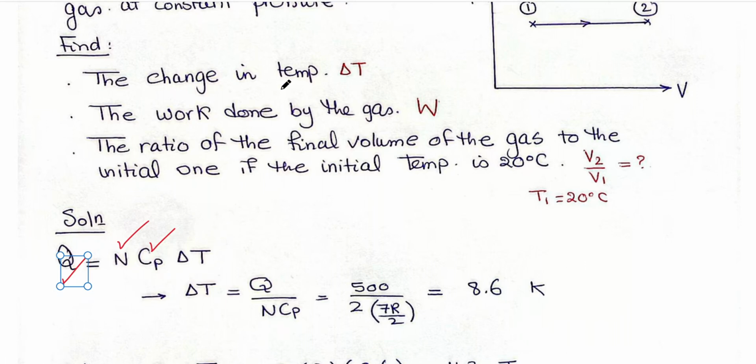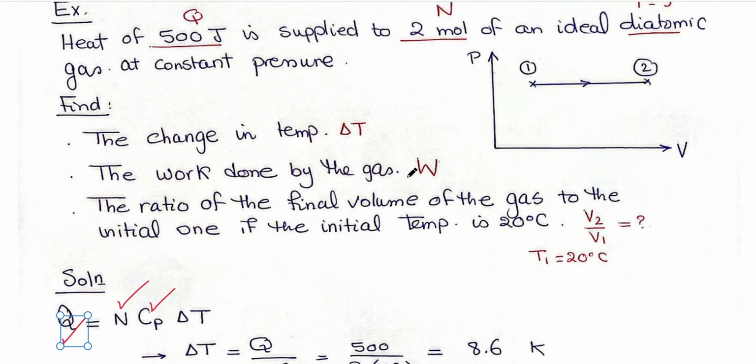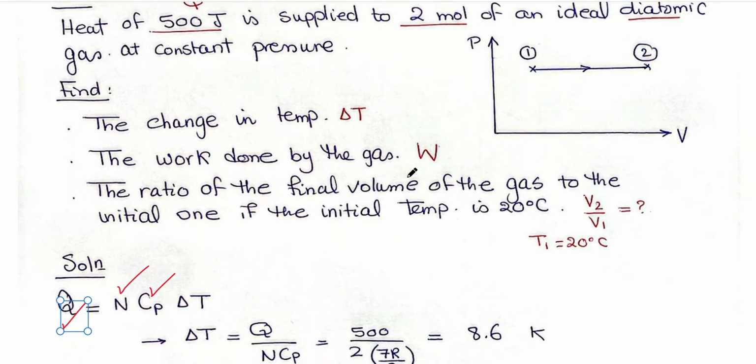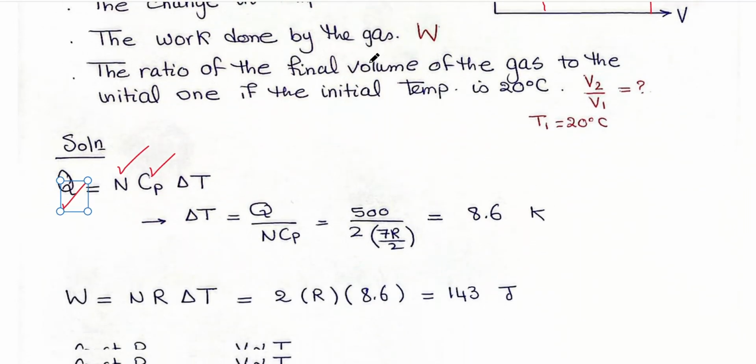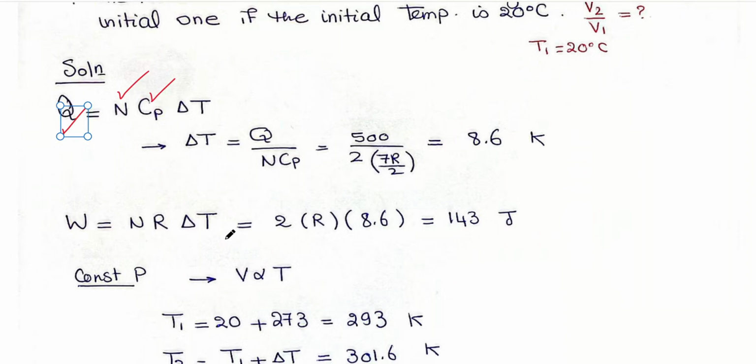This is the first required. The second required is to get the work done by the gas. To get the work done, we have two approaches. Either calculate the area under the PV curve, but we don't have pressure and volume like the last example, or I simply write the work as nRΔT.